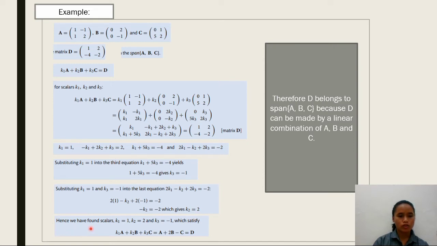Hence we have found scalars K1 equal to 1, K2 equal to 2, and K3 equal to -1, which satisfy A plus 2B minus C equals D. Therefore, D belongs to the span of A, B, and C, because D can be made by a linear combination of A, B, and C.